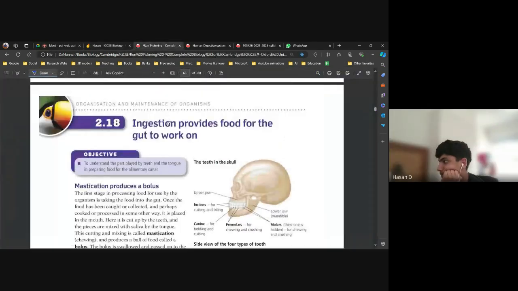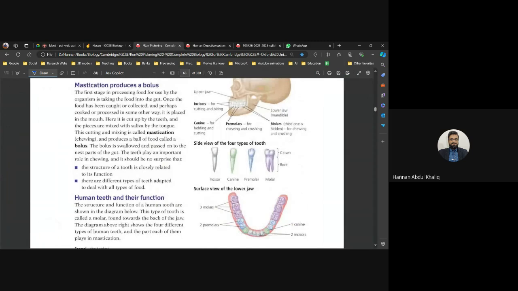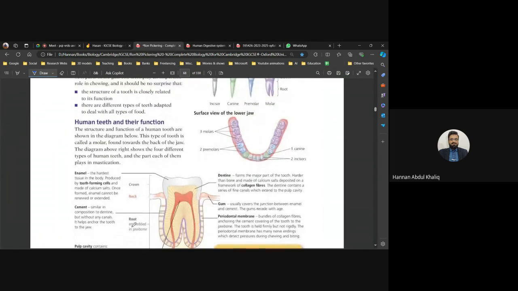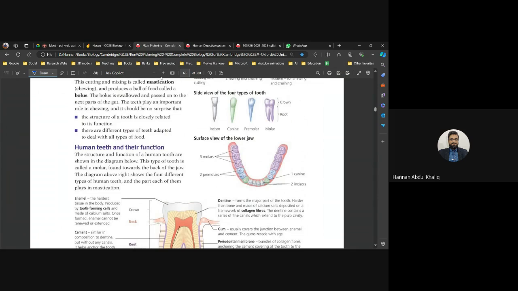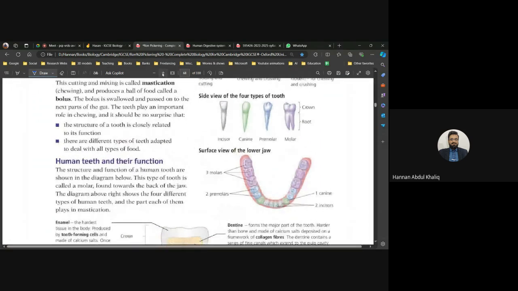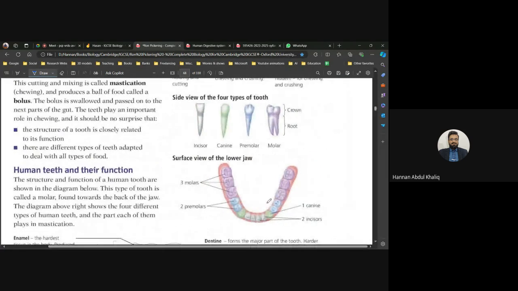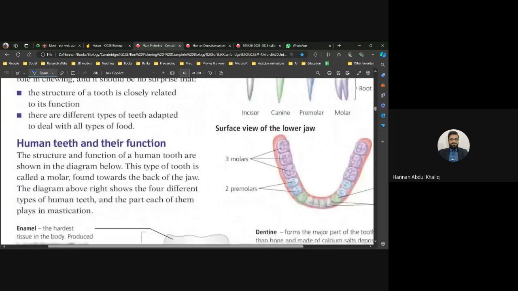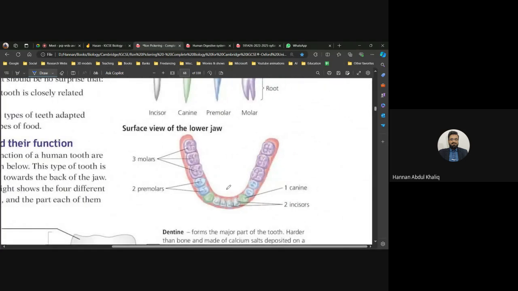Okay, now let's talk about different types of teeth and their functions. This is the picture of the lower jaw. So first of all, let's talk about the jaw as a whole. Remember that I can divide it from the middle, 8 over here and 8 over here.